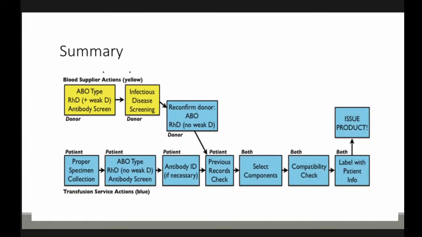We look at the history of the patient to ensure that patients do not have any previously identified antibodies, and we try to give antigen-specific, phenotype-specific red blood cells.